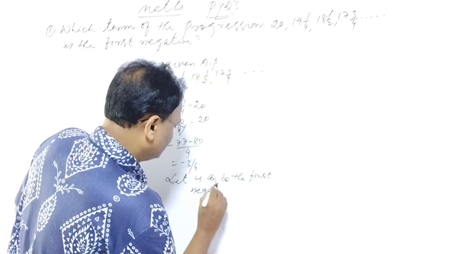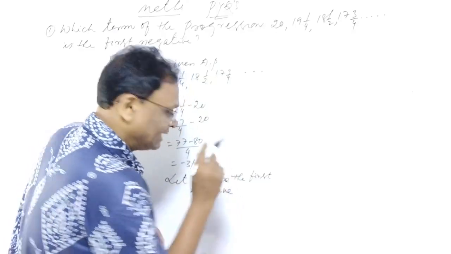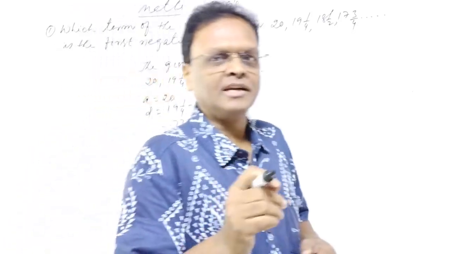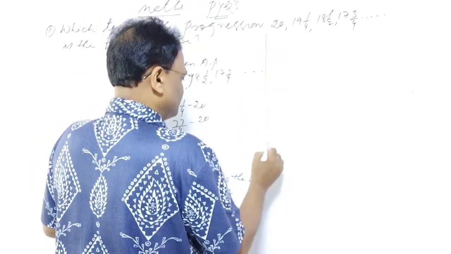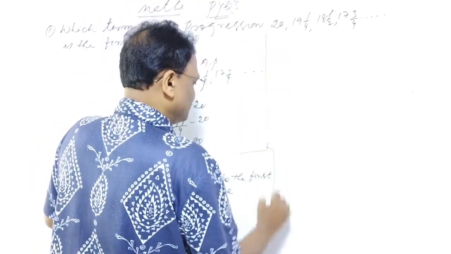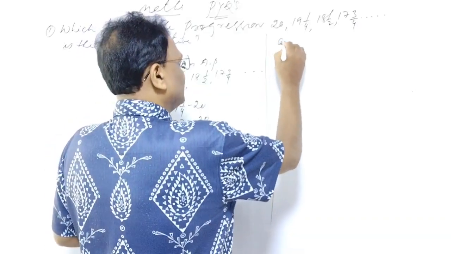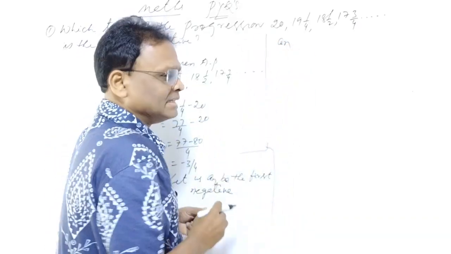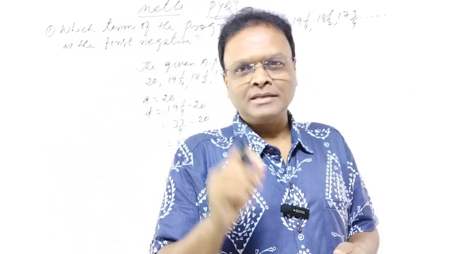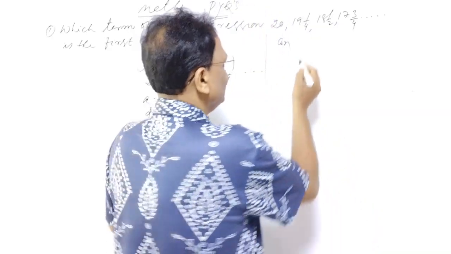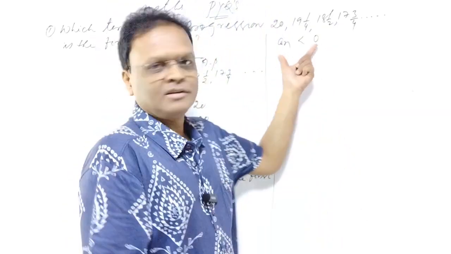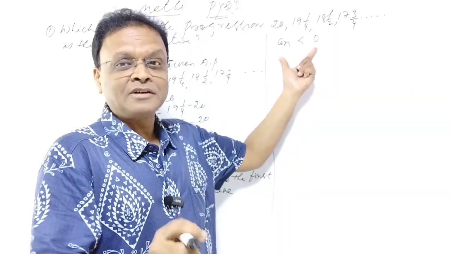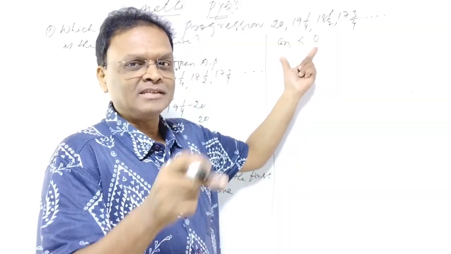So I am taking that my nth term is the first negative. If the nth term is the first negative, then my nth term is a_n, and this a_n is the first negative. Negative means less than 0, so definitely a_n will be less than 0.